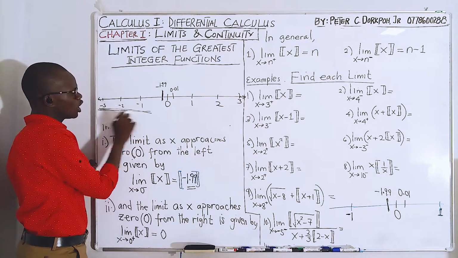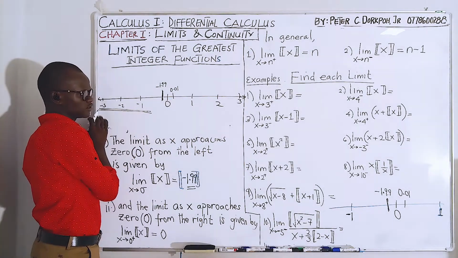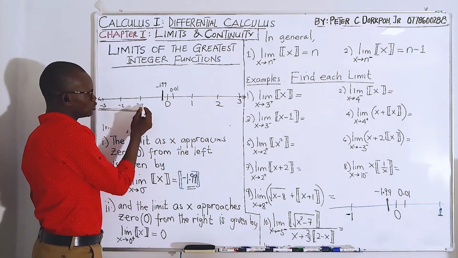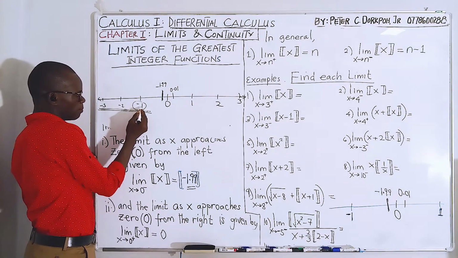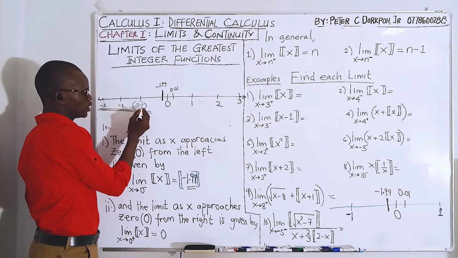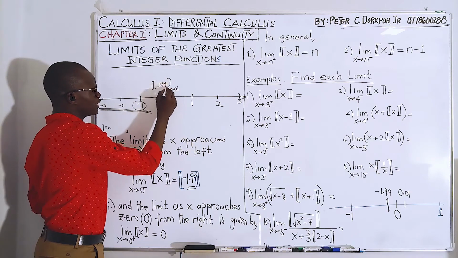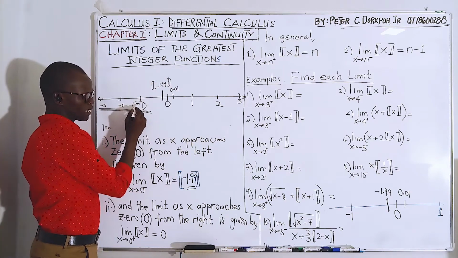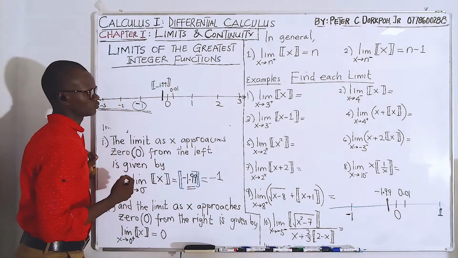So amongst all of these numbers, find the greatest of all of these integers. You have negative 2, negative 3, and so forth. Minus 1 is greater than all of these integers. Therefore, the greatest integer of negative 0.01 is just equal to minus 1.